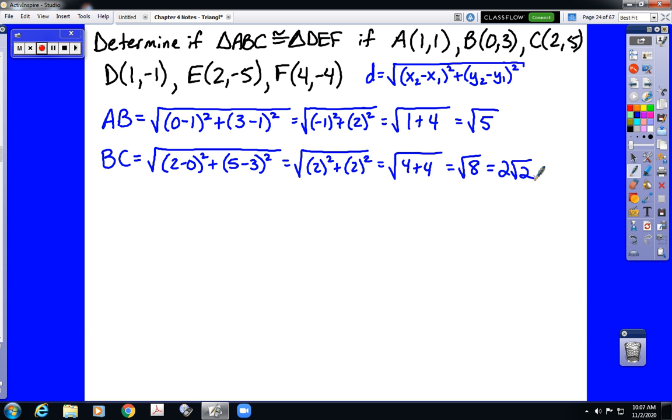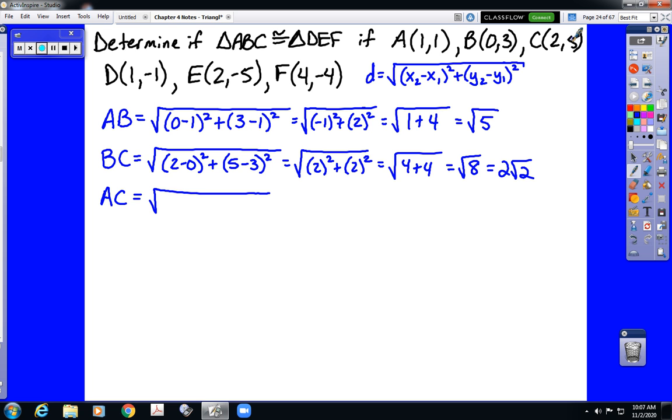Or you should. The final side length of that triangle would be given by the distance formula using points A and C. So x1, y1, x2, y2.